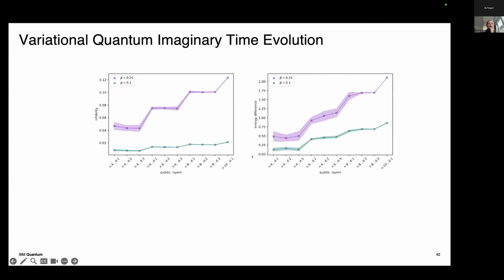Good. Now, here we can have a look at some example runs. We did try to work on thermal state preparation here for two different temperature settings, one that's a little bit warmer and one that's a little bit colder.